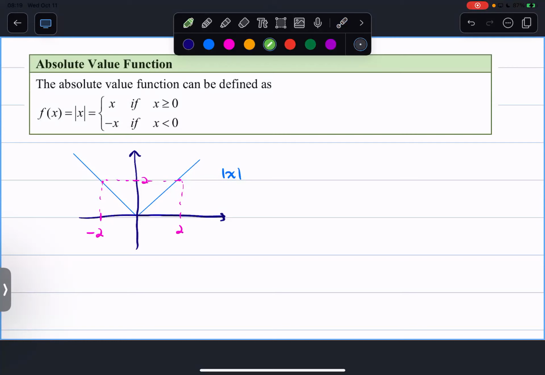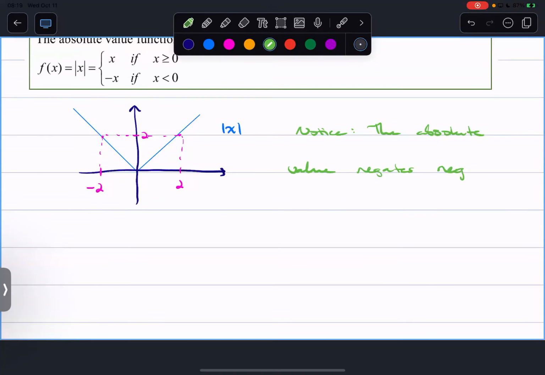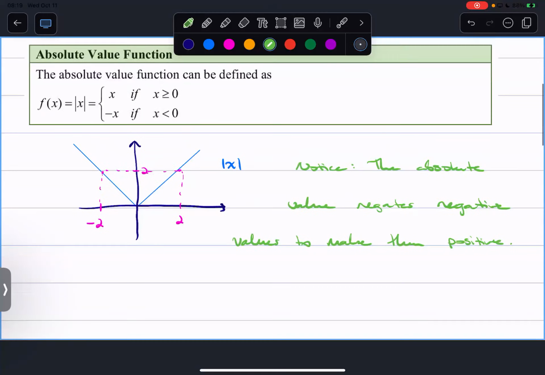And so here, notice the absolute value negates negative values to make them positive. Yeah.